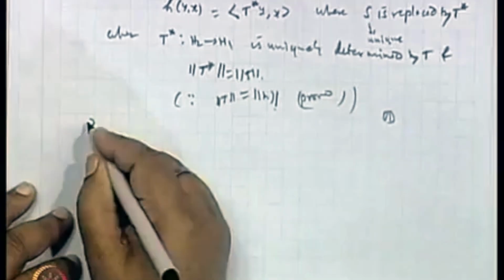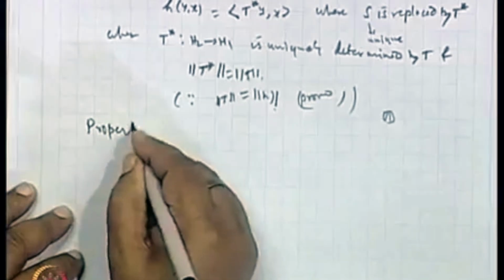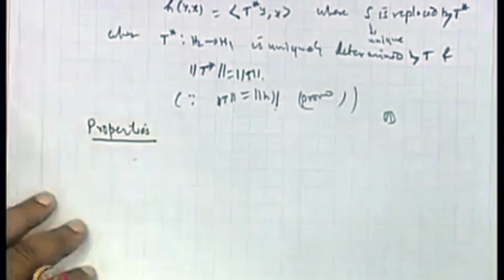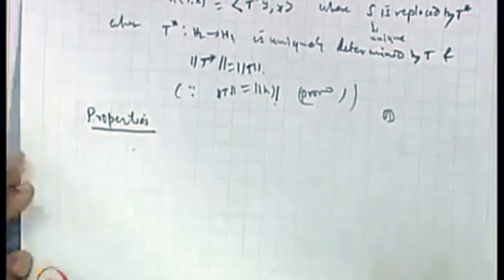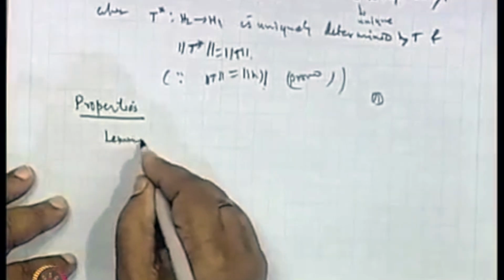Now there are certain properties of this adjoint operator, the Hilbert adjoint operator. In order to prove them, we will prove a lemma first, and then go for the properties.